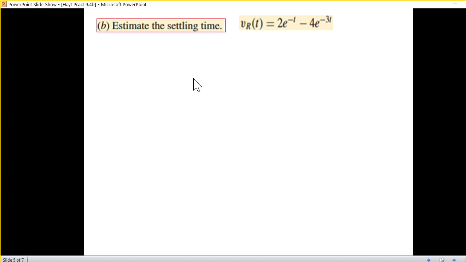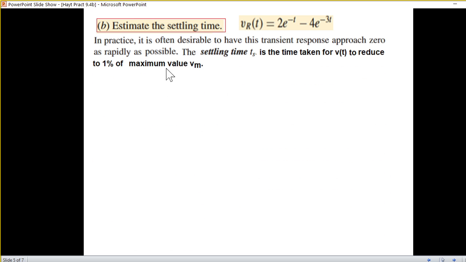Now the second part says estimate the settling time. Now what is settling time? Let's understand that. In practice, it is often desirable to have this transient response approach 0 as rapidly as possible. See this? This is the transient response going down, and theoretically, this should be 0 at infinity.